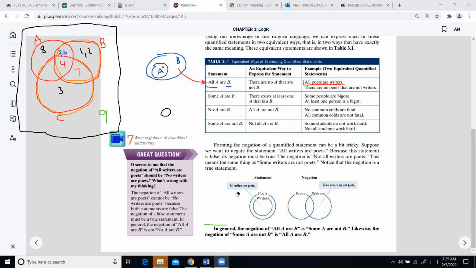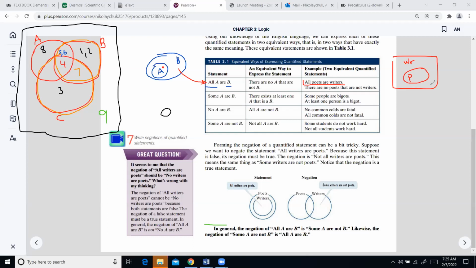So what I want to do is produce an analogous Venn diagram for the underlined statement. Just put WR for the writers, and the poets will be inside. So probably that's something that makes sense.